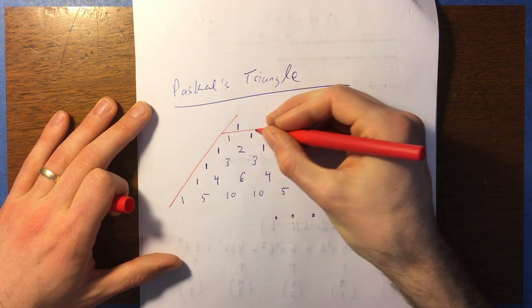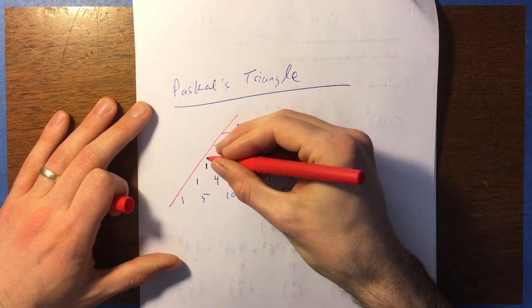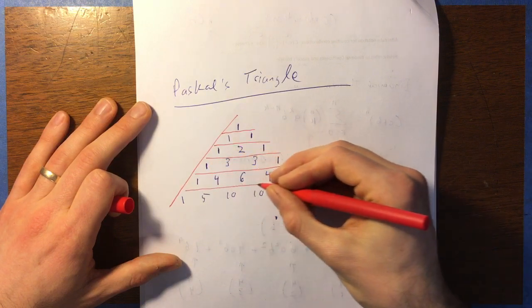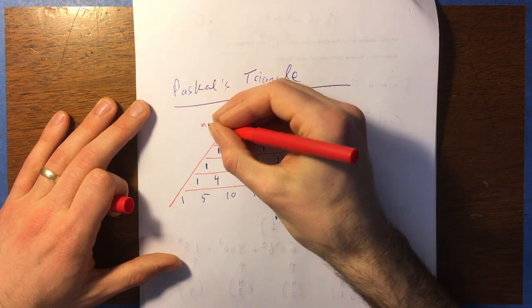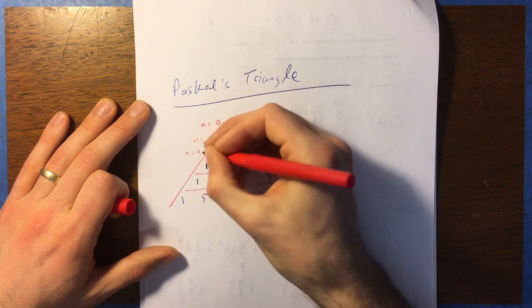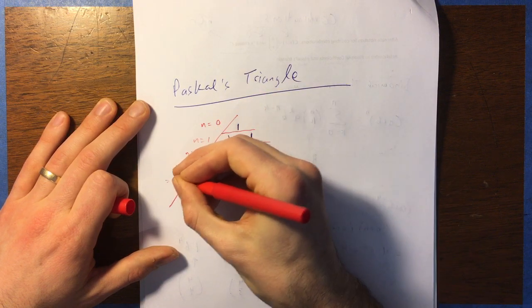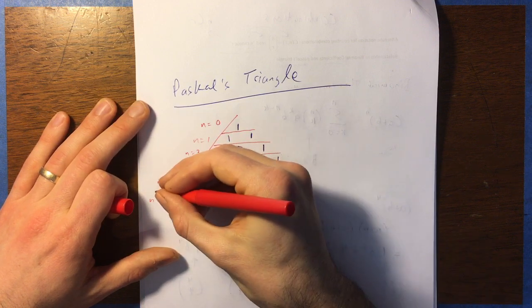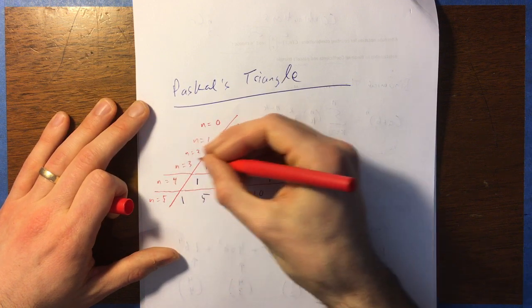So if we divide this into rows like this, each one of these rows corresponds to a value of n. We have n equals 0 as our top row, n equals 1, n equals 2, 3, 4, and 5. So there are the values of n.